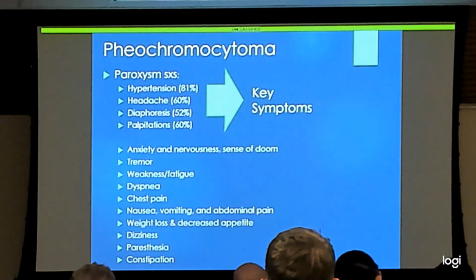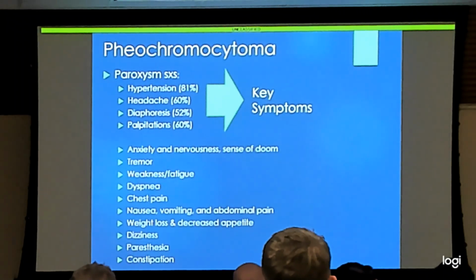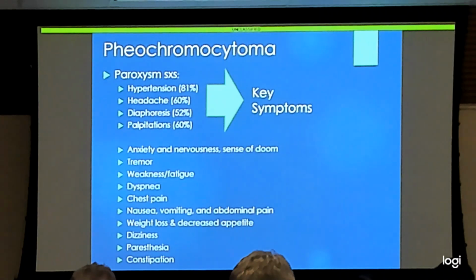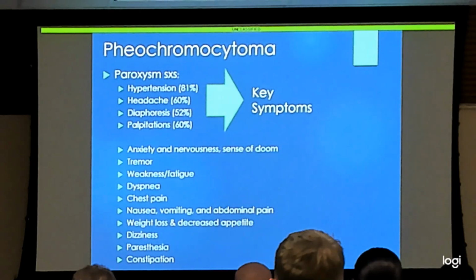Anxiety and nervousness or a sense of doom. Literally, patients who present with pheos, and yes, I've caught pheos, yay, because I'm weird, honestly, they always feel like, I feel like I'm going to die. Like, I'm just sitting there and I feel like literally I'm going to die. Why do I feel like this? So it's often written off as an anxiety attack or something else gives it anxiety.